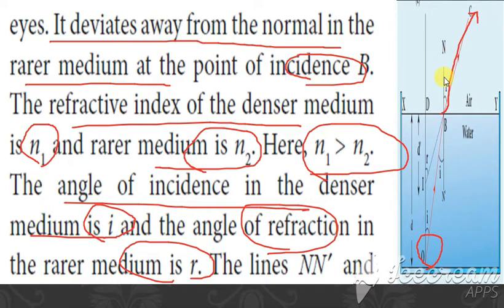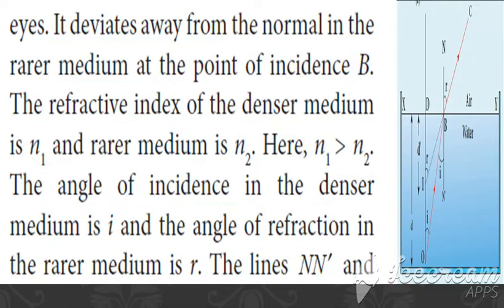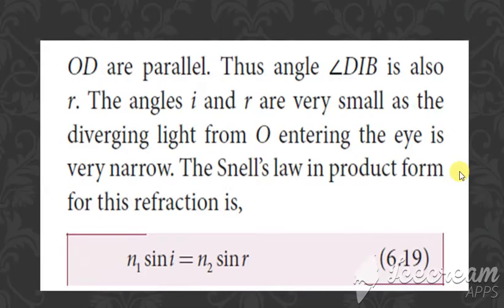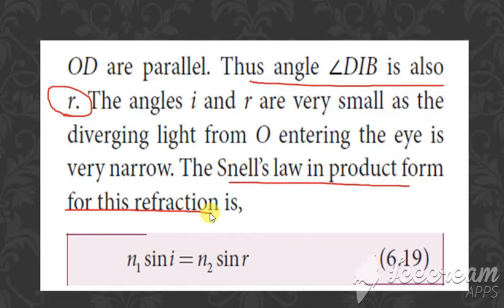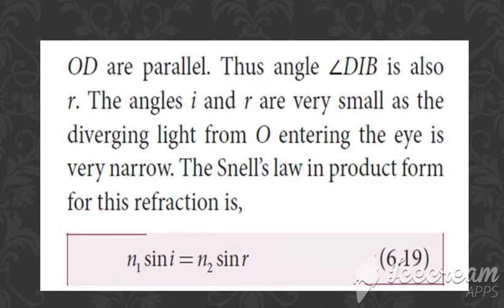Then we consider the two lines N dash and DO, which are perpendicular lines. Instead of DO we can also write OD. Then the angle is also R. Snell's law is sin I divided by sin R is equal to N2 divided by N1. So N1 into sin I is equal to N2 into sin R. This is the formula we are taking now.